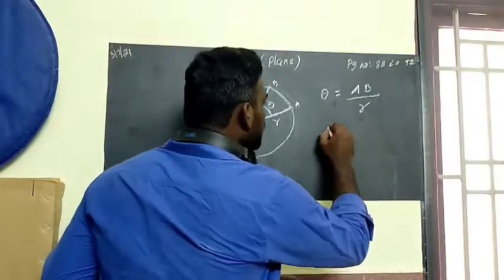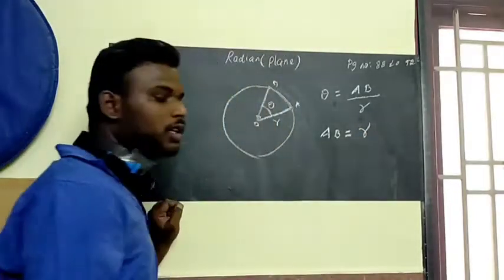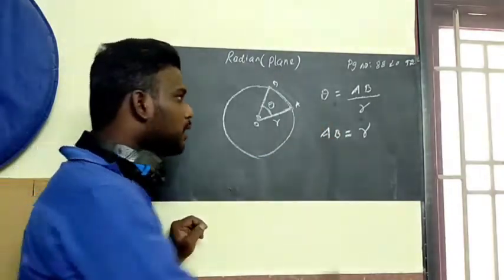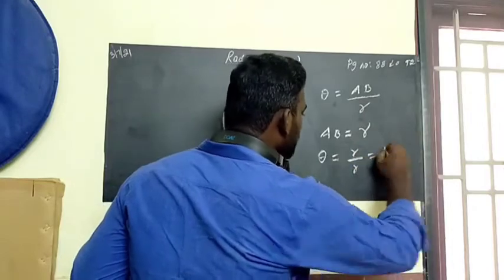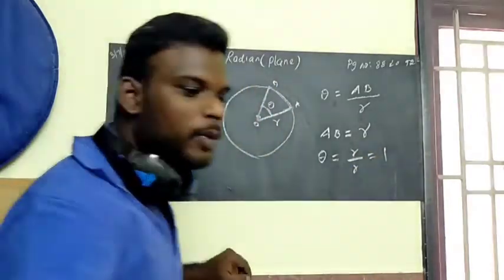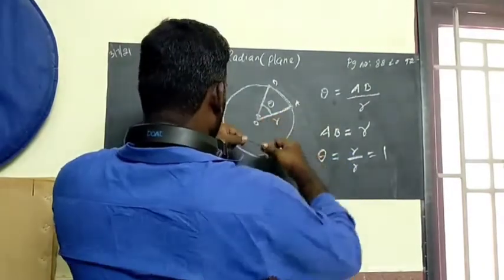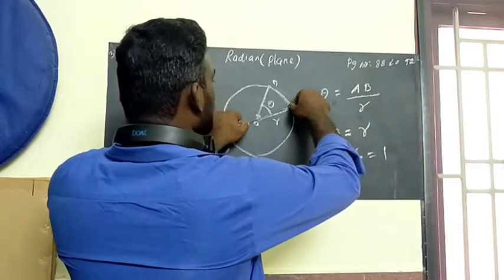So when the arc length is equal to the radius of the circle, we can put theta equal to r by r, that is equal to 1. Is it clear? Just imagine, this is the radius of the circle, am I right?